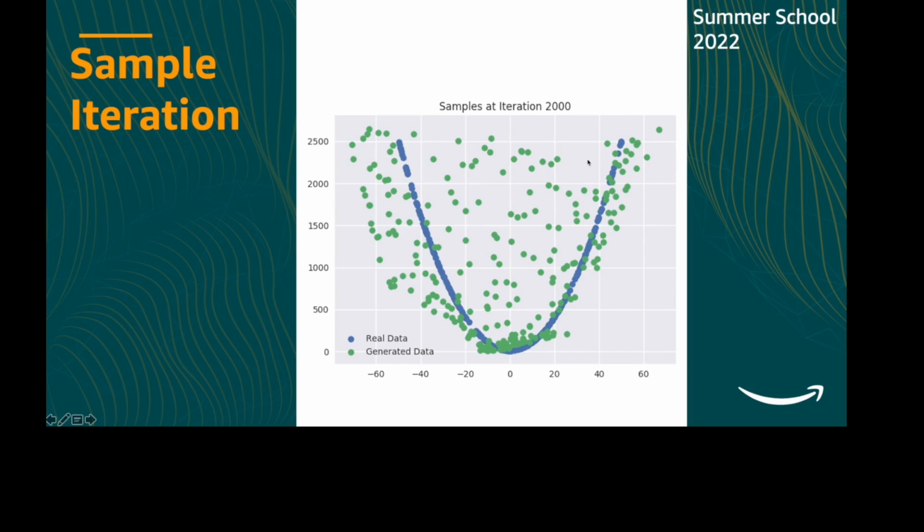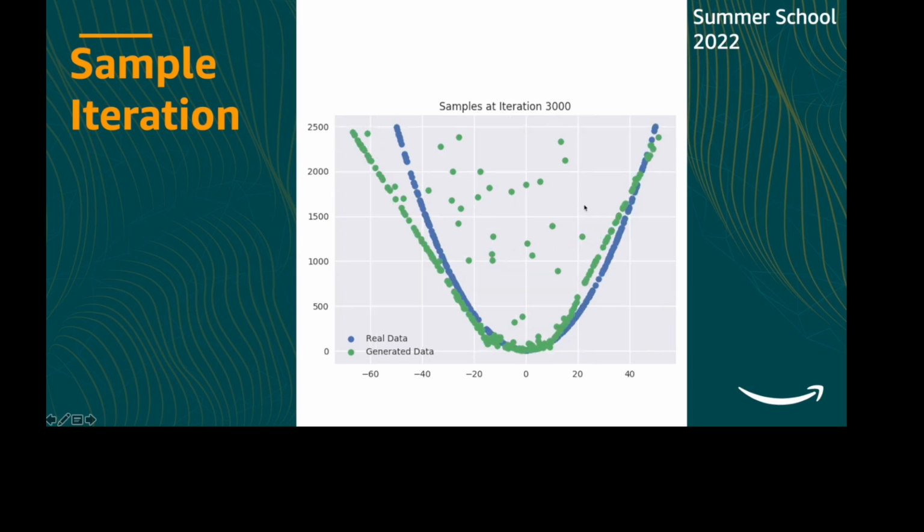So let's train for more iterations. With every 1,000 iterations you can see that the green data points' trajectory is getting better, and it now resembles the real data more.